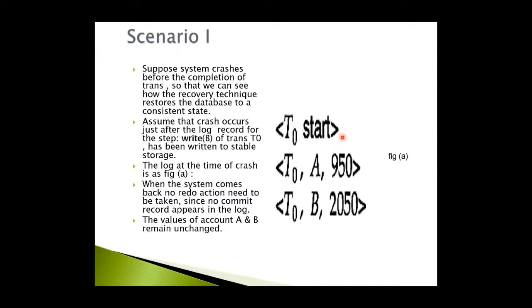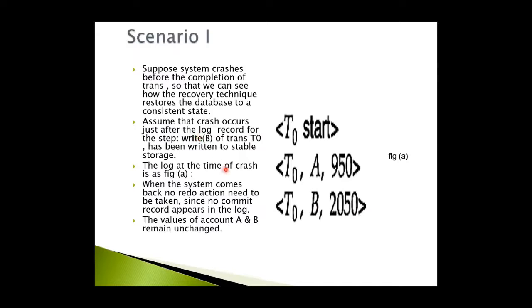This is the first scenario. Assume that the crash has occurred just after the log record for the step write B of transaction T0 has been written to stable storage. Now, what will be the log record for write B? This is the identifier of the transaction, data item, and the new value, because it is performing only redo. So this will be the update log record for write B.